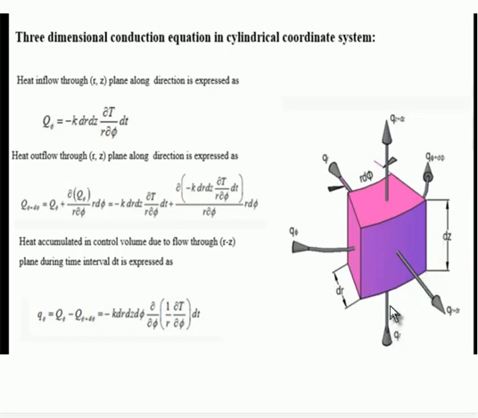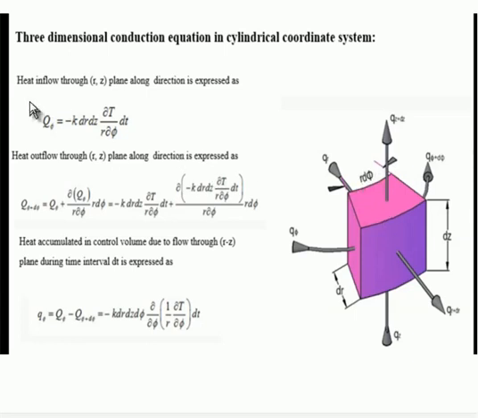Because of Q z, it exits as Q z plus dz. Here it is Q phi, with side r d phi, and exits as Q phi plus d phi. Next, Q r enters, travels through the distance dr, and exits as Q r plus dr. This is the cylindrical coordinate system.